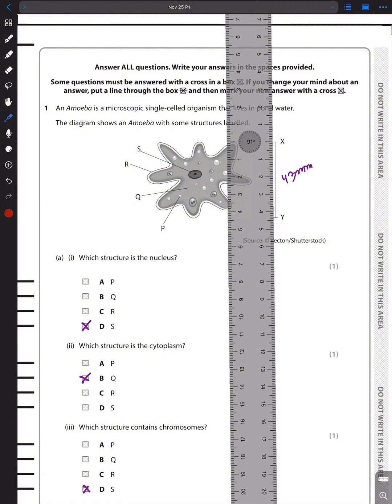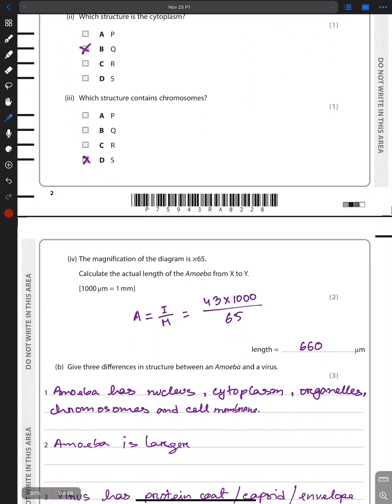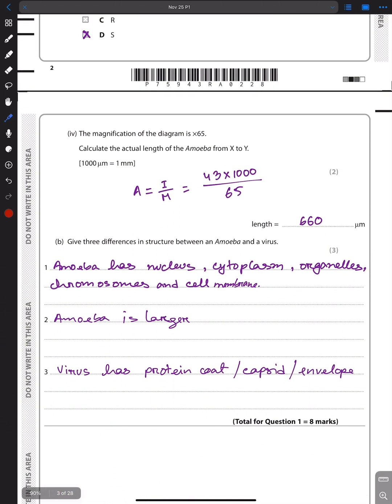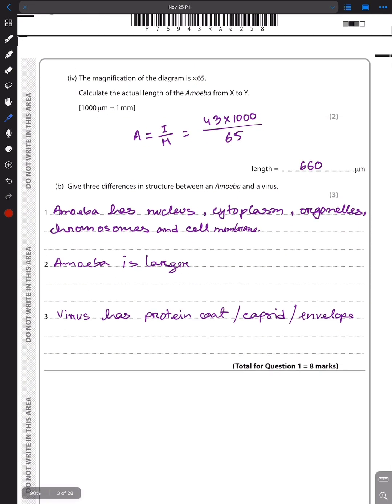We have to input this value into the formula to get the actual length. Always keep in mind in which unit we have to write the actual length, and we must convert this millimeter into micrometer to get the correct answer.